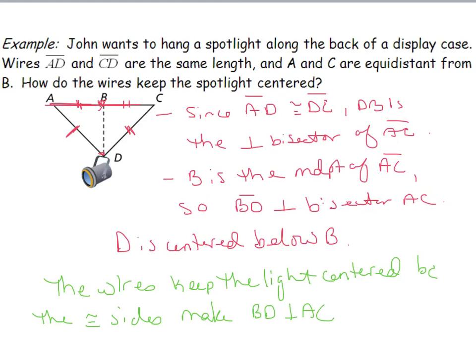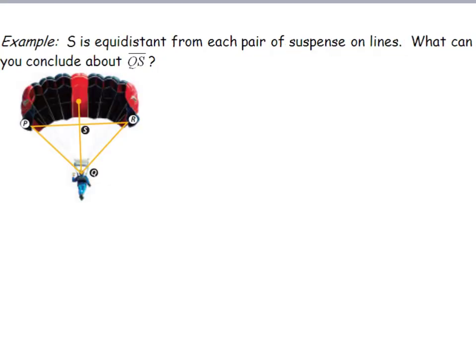Okay, in both cases, this was the part that we really needed. We needed to know that they were centered below. Okay, so these being suspension lines, you guys should kind of sort of have an idea that they've got to be congruent to each other. Otherwise, this guy is going to be twirling around and round and round, right?